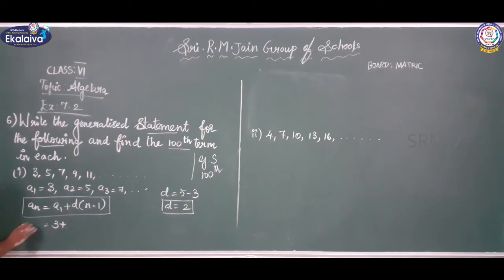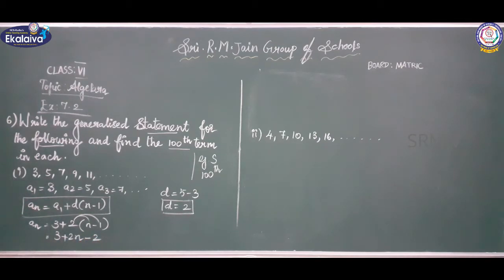Now, A1, which is what? 3. An is equal to, substitute what is A1 here? 3 plus, what is the difference I have found out there? 2 into n minus 1. Got it? Now listen, 3 plus 2 into n, which is 2n. 2 into minus 1, which is what?